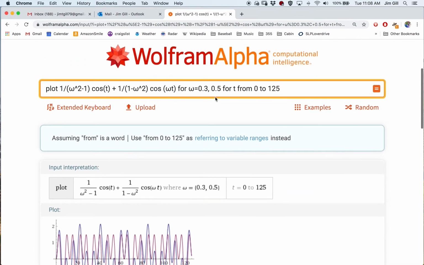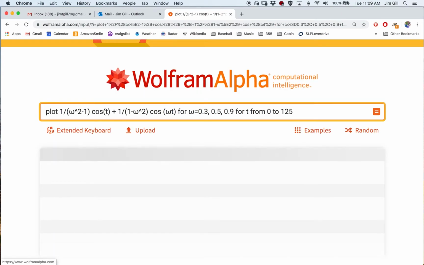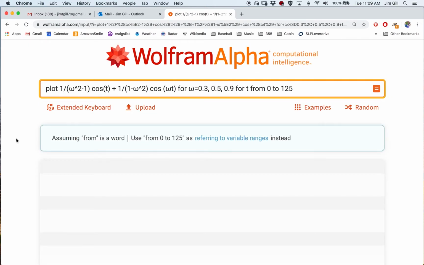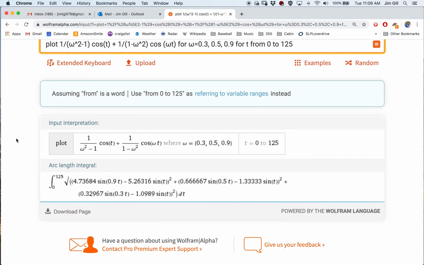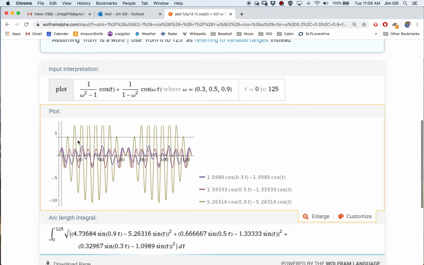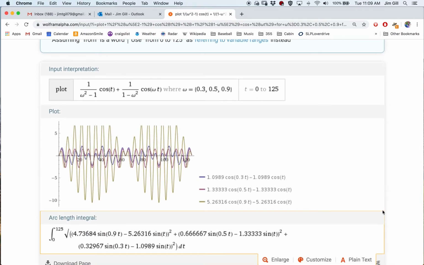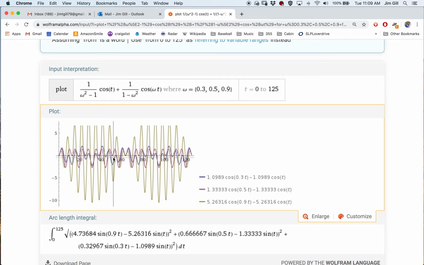Let's do another value of omega as well. Let's add in omega being 0.9. Now that's very close to the disallowed value of omega. Remember, we can't allow omega to be 1 because then we have 1 divided by 0. So let's see what happens when we put in 0.9. Okay, when we put in 0.9, we get this picture here.